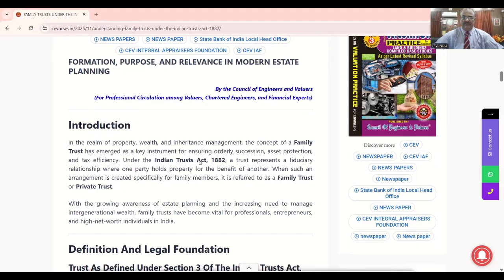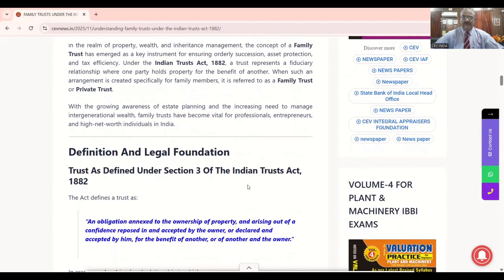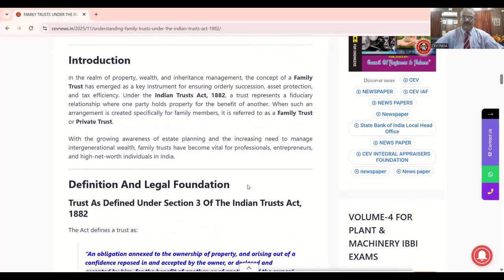Under the Indian Trust Act 1882, a trust represents a fiduciary relationship where one party holds property for the benefit of another. When such an agreement is created, especially for family members, it is referred to as a family trust or private trust. We can refer to it as a family trust, or we can refer to it as a private trust.